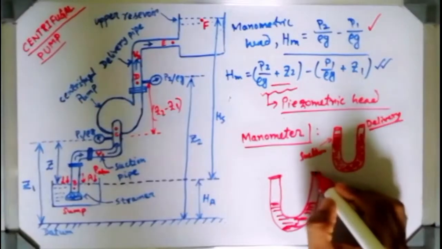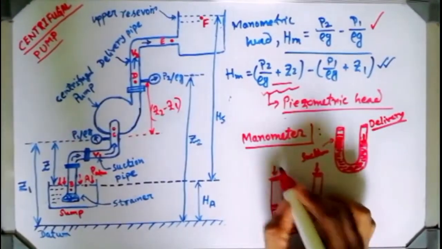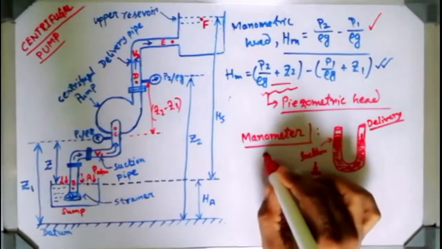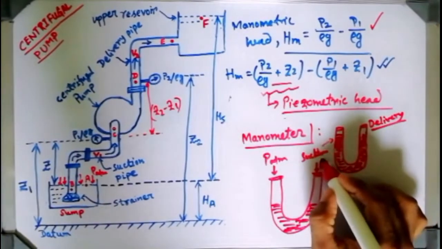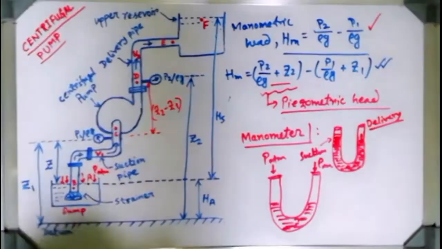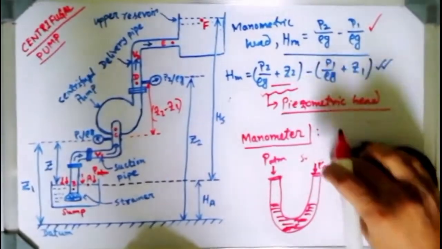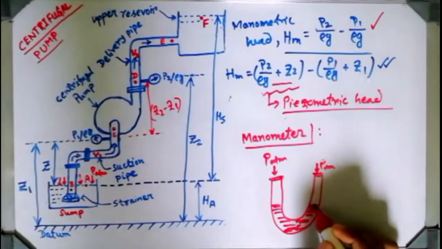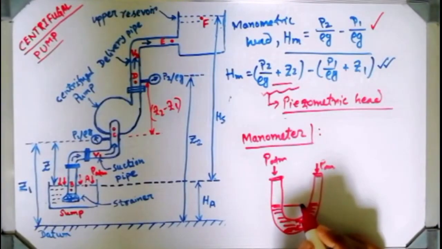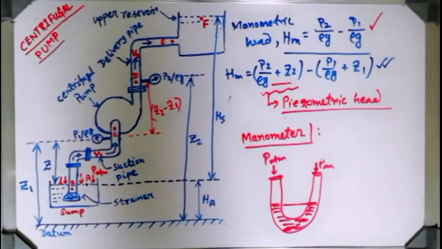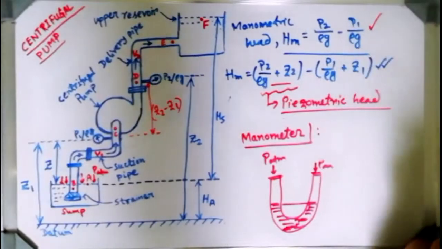Both ends are open to the atmosphere, so atmospheric pressure is working on both sides. Then obviously both side pressure is the same, so the manometric fluid will stay at the same level, because both sides have the same pressure.